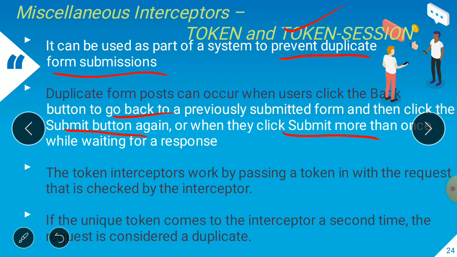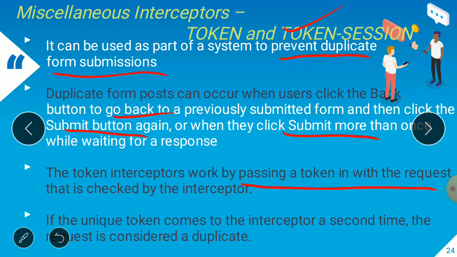But this token interceptor avoids these conditions. This token interceptor works by passing a token within the request, கூடவே ஒரு டோக்கன் போகும். ஸோ நீங்கள் ஒர்க் பண்ணிட்டு இருக்கீங்கன்னா உங்கள் லாகின்ல இருந்து, உங்கள் பிசிலேருந்து it will be giving one token along with that request. ஸோ நீங்கள் செகண்ட் டைம் ப்ரெஸ் பண்ணிட்டீங்கனாலும் அதே டோக்கனே போகும்.